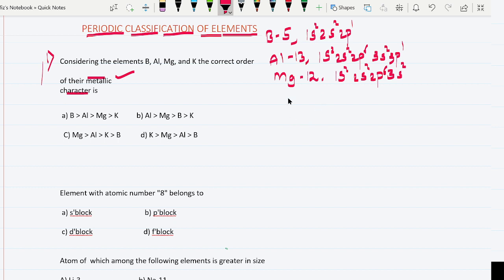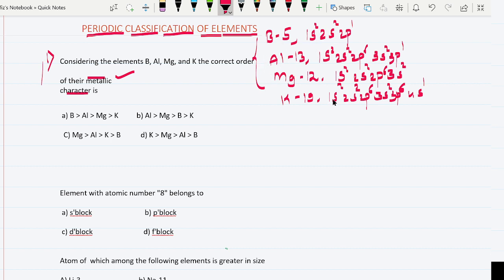And the last element we have here is potassium with atomic number 19 and the configuration is 1s2, 2s2, 2p6, 3s2, 3p6, 4s1. So for that you need to know the electronic configuration.